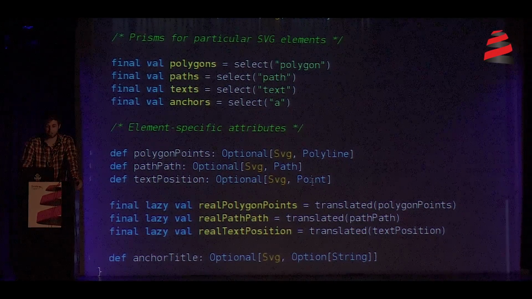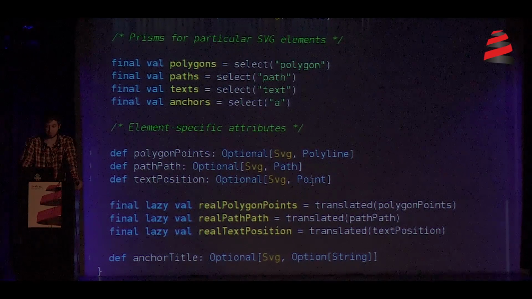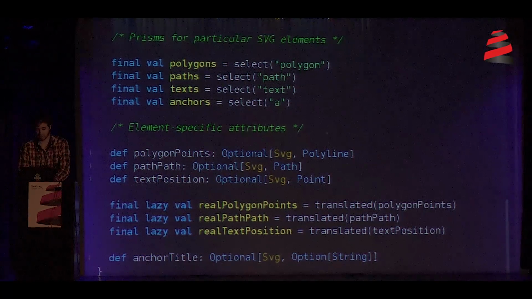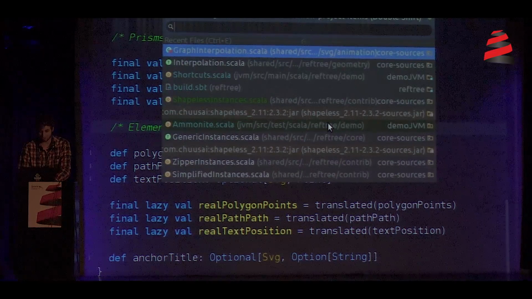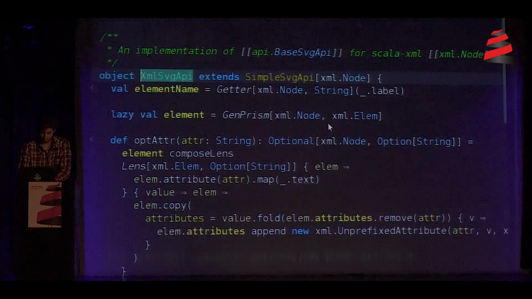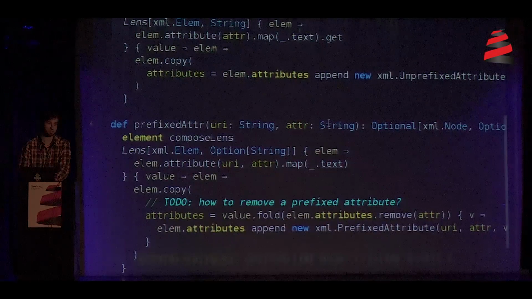Since a week ago or so, Reftree actually supports Scala.js. So I have these implementations for Scala XML and for JS DOM. And it runs in JS just the same. And actually the parts that differ between Scala and Scala.js are like 50 lines of code each.